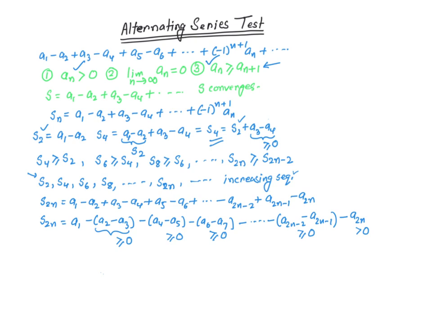So look, you are subtracting a bunch of numbers from A1. All of them are either positive or 0. All of them are positive or greater than or equal to 0, I meant to say.